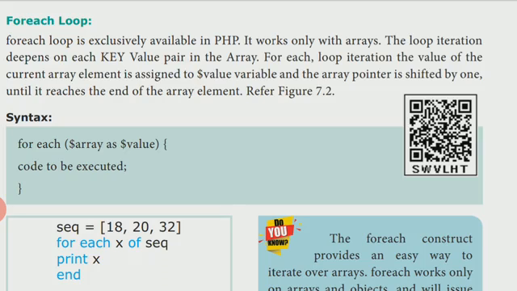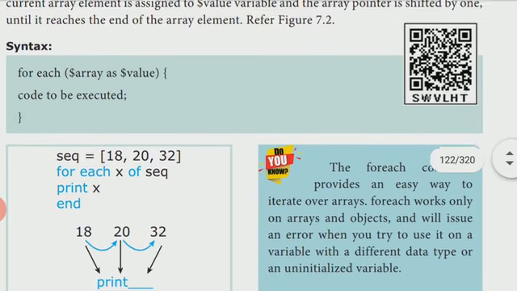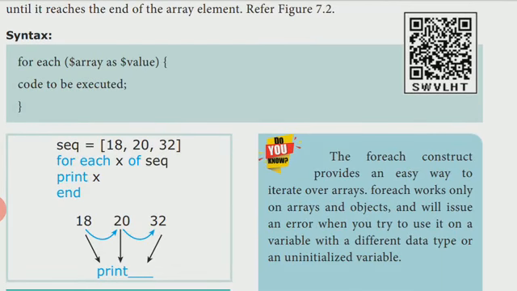For an array of values, we use the for each statement. For example, the syntax is for each array as value, then the code to be executed. See the example: SEQ is the array name.